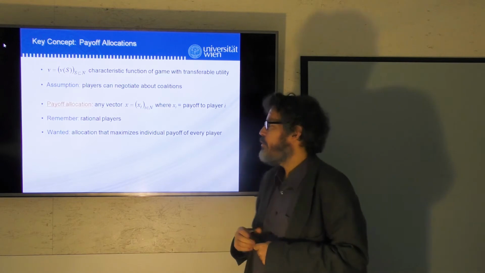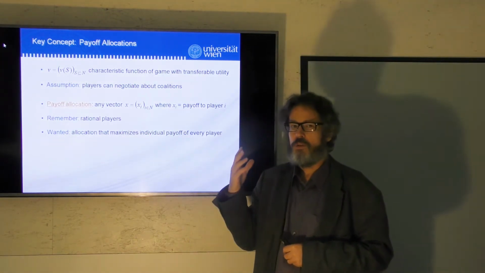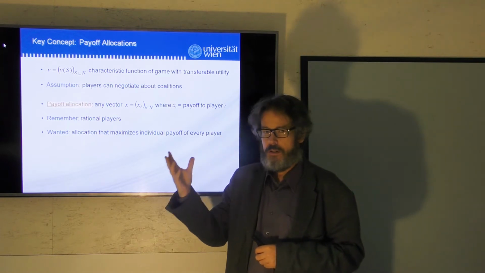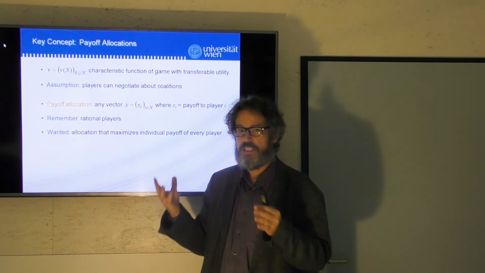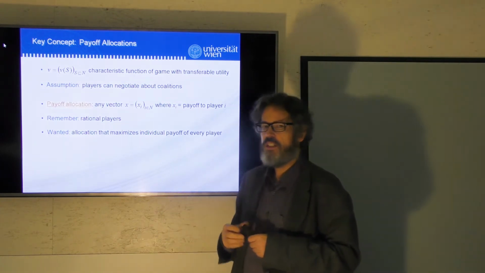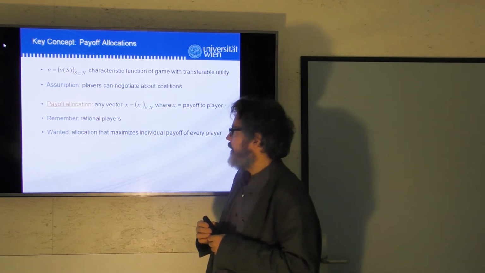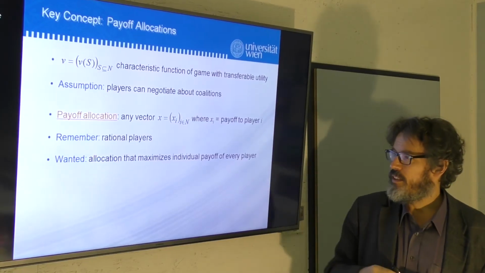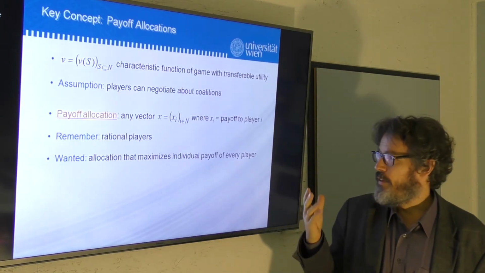The focus is now towards so-called payoff allocations, which means towards the returns which are assigned to the players as a result of their negotiations and as a result of their coalition forming activities. So this is the basic idea now, to identify a good payoff allocation.